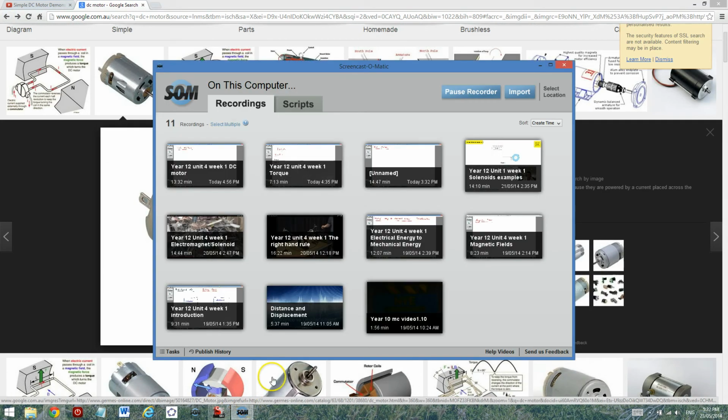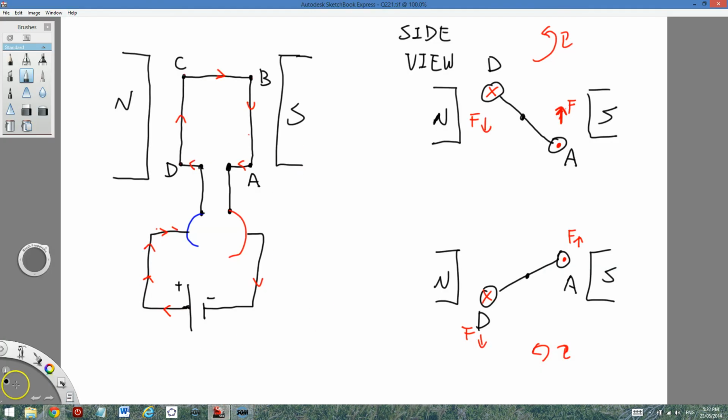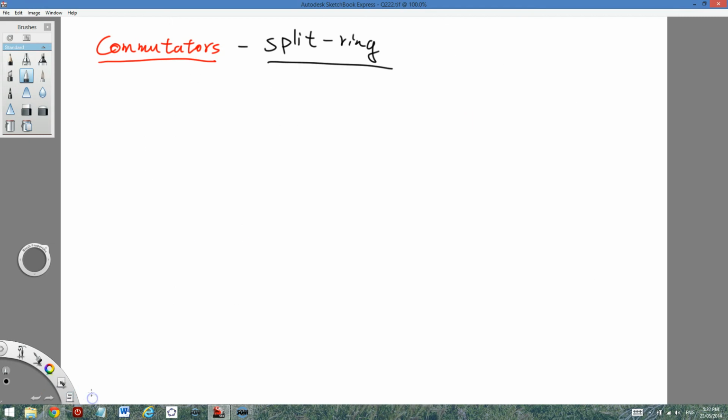Now let's talk about exams. In the exam, they ask students what a commutator does and why the commutator is important, and a lot of year 12s get them wrong. That's why we're doing it.